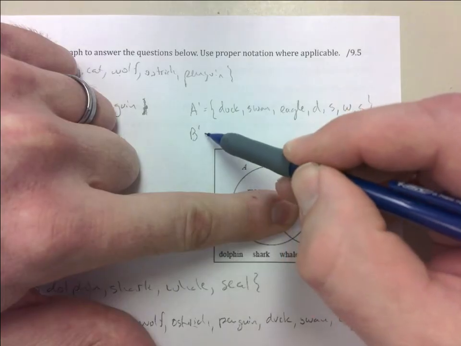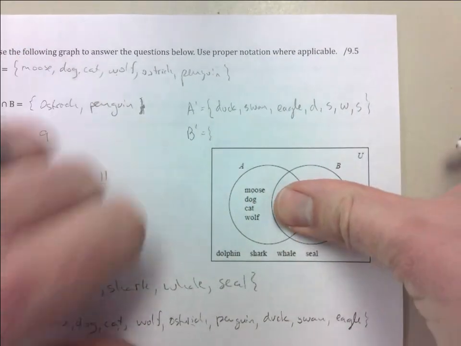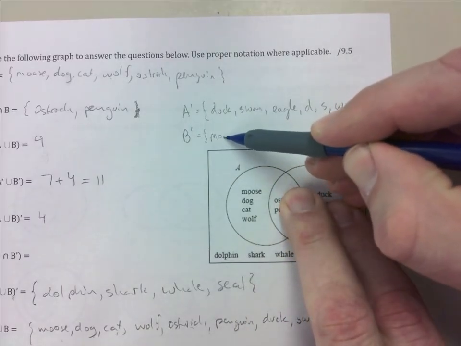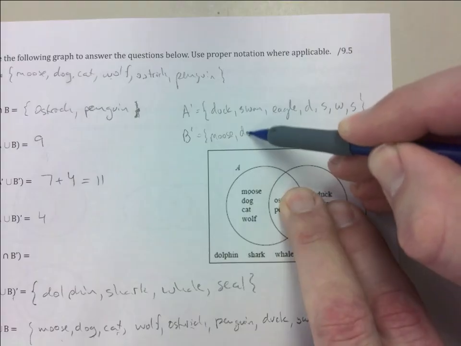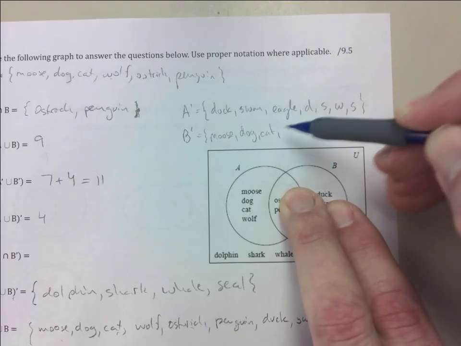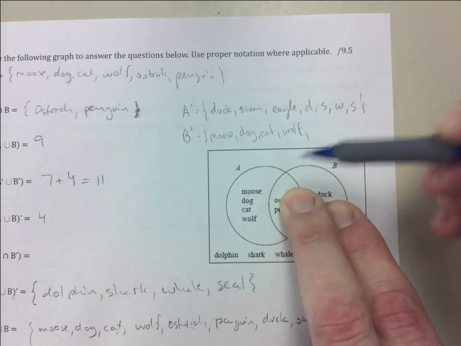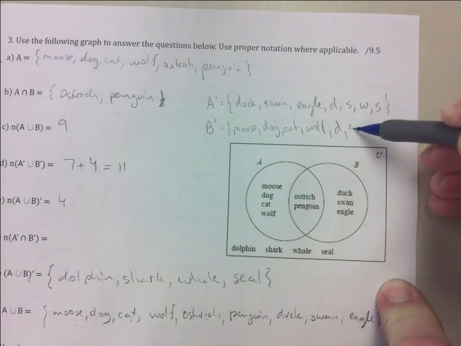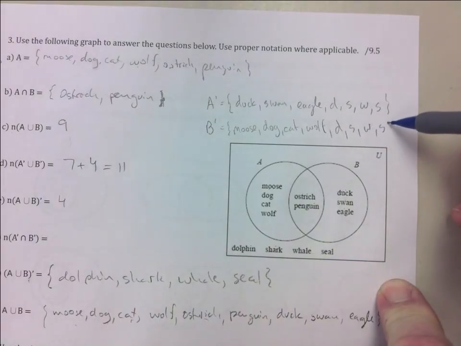Not B, what is not B? Moose, dog, cat, wolf, and then it's dolphin, shark, whale, seal. These are my outliers.